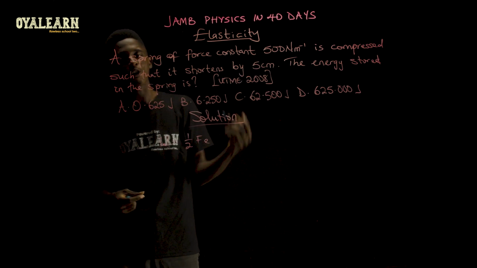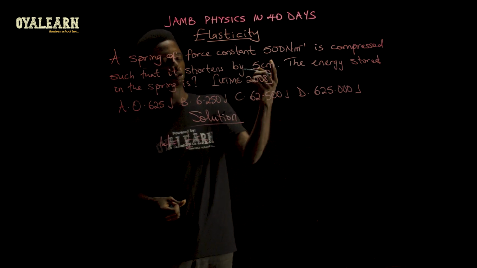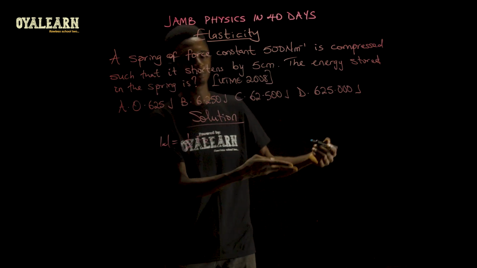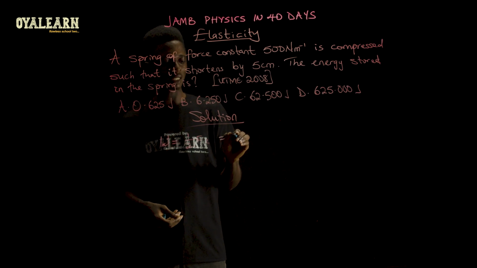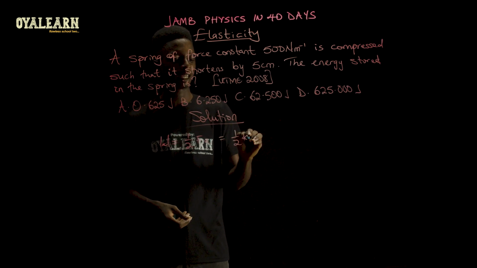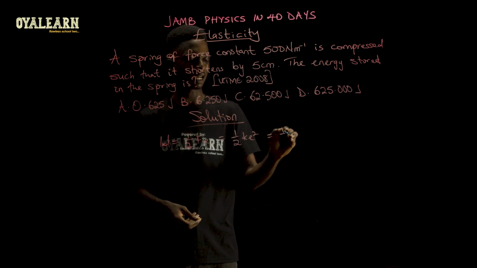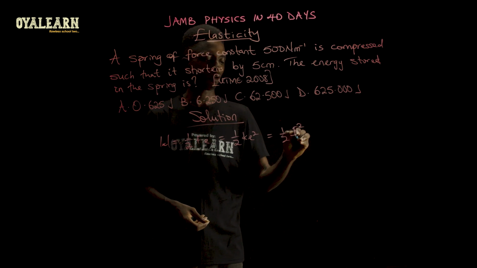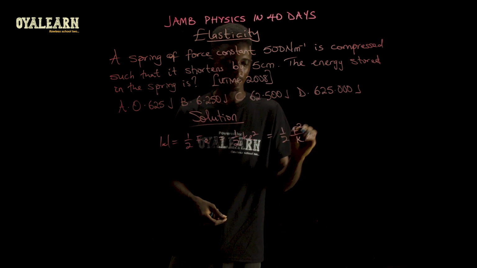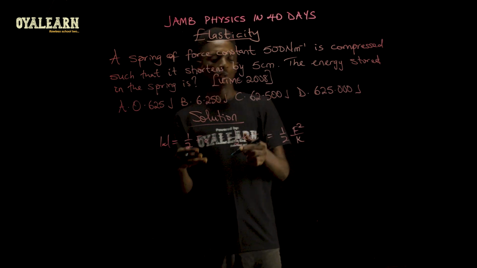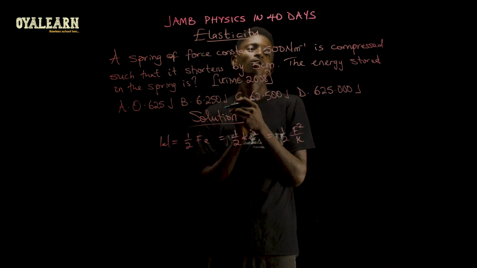But in this case, the force is not given, but we are given the force constant. That's why I gave multiple equations, because this is the same thing as half ke squared, which is the same thing as half f squared over k.